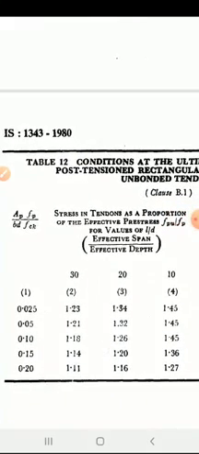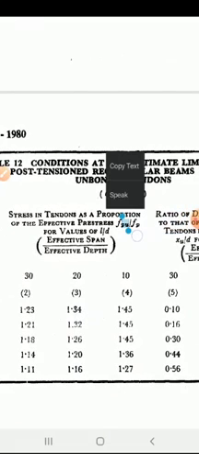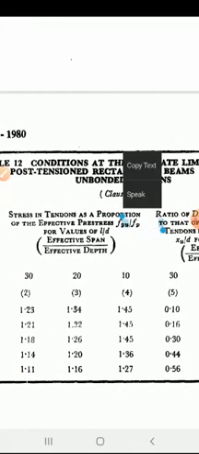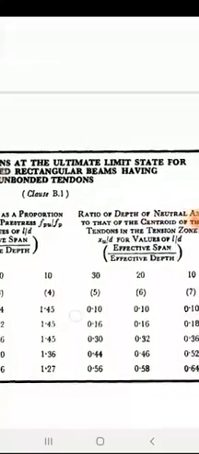For that effective span and effective depth ratio, we calculate the value of FPU divided by FP. Here you can see the FPU by FP value we need to find out. Similarly, for an effective span by effective depth ratio of 10, 20, 30, whatever it may be, we need to calculate the XU by D values for unbonded tendons.